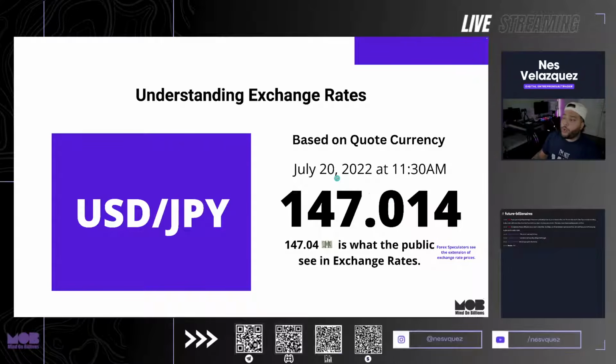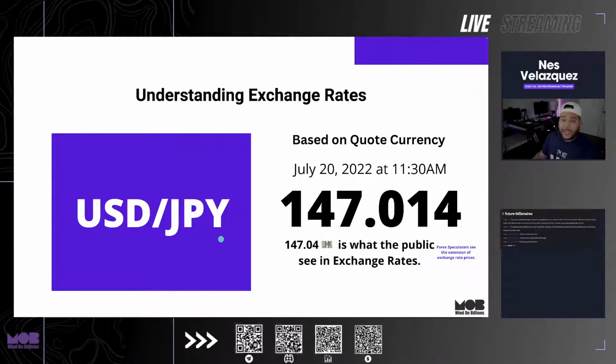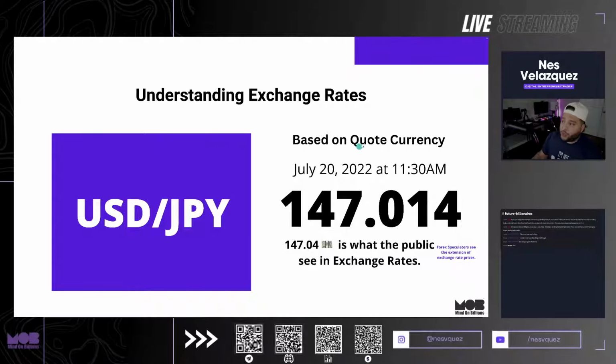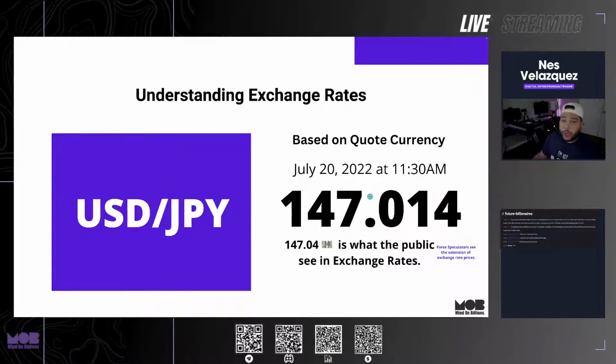Now, when we're looking at a Japanese yen pair, so any pair that includes the Japanese yen, it's going to look slightly different, but essentially it's the same principle. Every exchange rate is based on the quote currency.